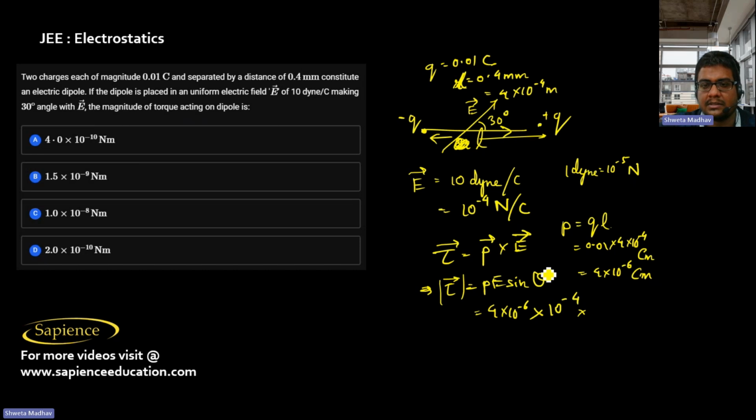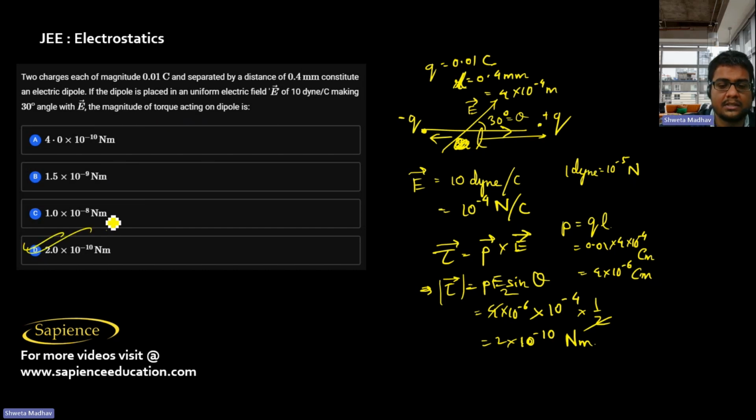Here theta is 30 degrees, so sine 30 is half. So it is 2 into 10 power minus 10 Newton meter. It is the magnitude of the torque acting on the dipole. So option D is the correct answer.